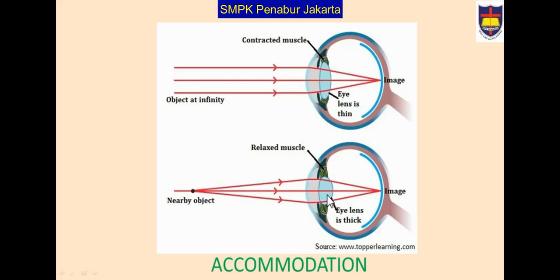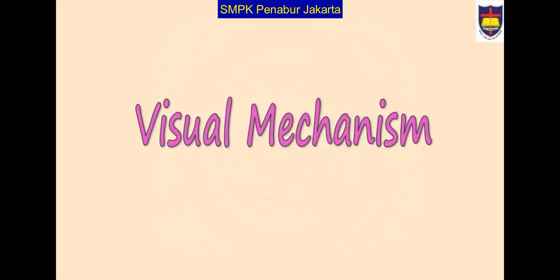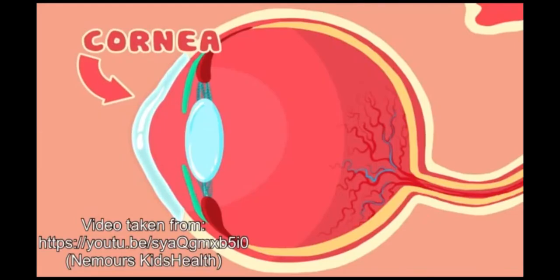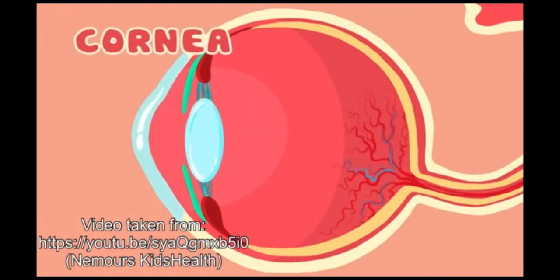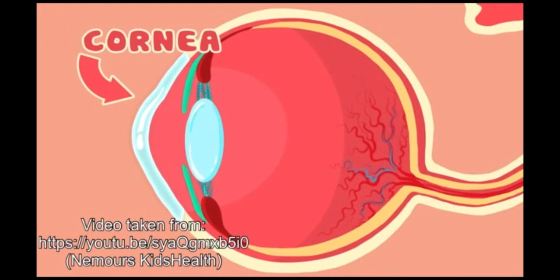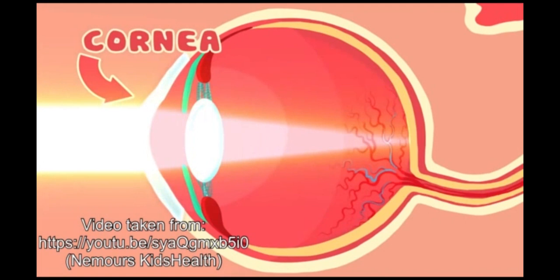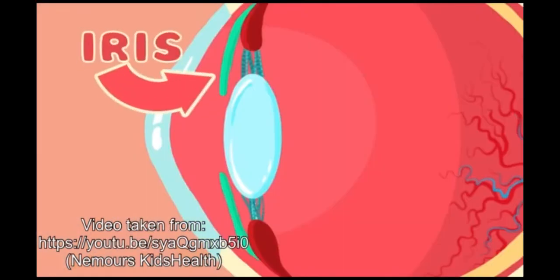Okay, now this is the explanation about human visual mechanism. So, your eyes are like layers for light to pass through. The cornea helps your eyes focus on the light so that it can be passed on as a clear and sharp image. Next, it goes through the pupil. Iris is the name of one of the organs that are related to the pupil.